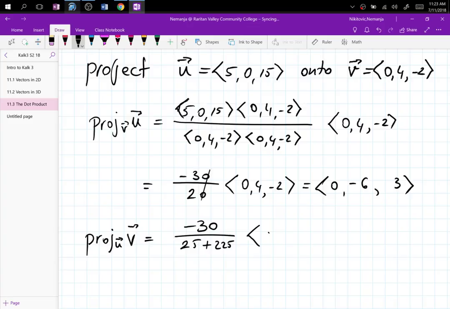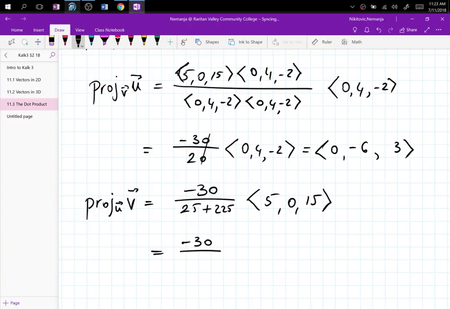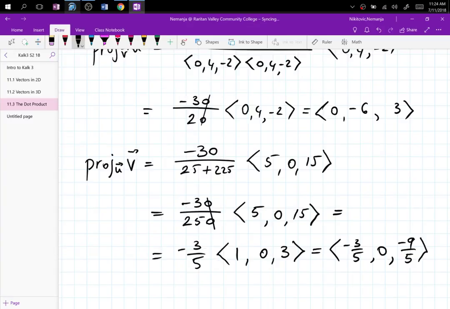So that's -30 divided by 250 times 5, 0, 15. We first cancel by 5. We have -3/5 times 1, 0, 3. And then we go and multiply, so -3/5, 0, and -9/5. I hope.